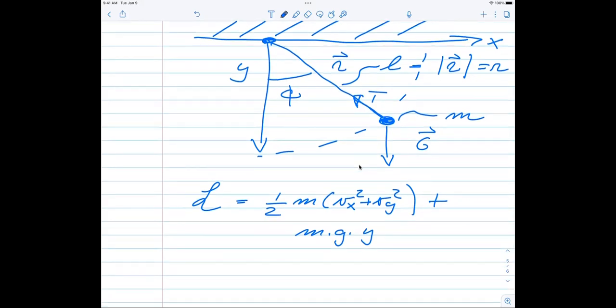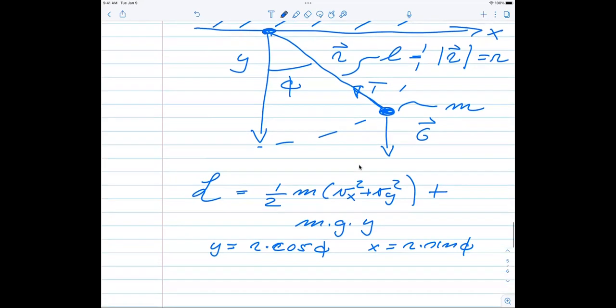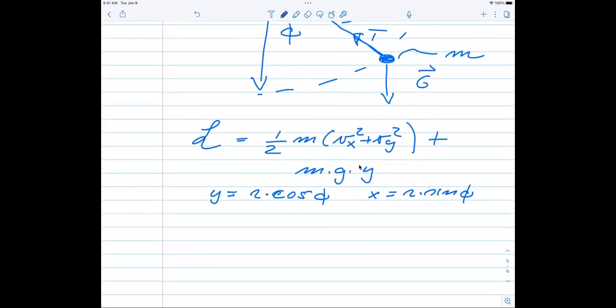So the next thing we can do now is to transform to polar coordinates, because this is going to be more handy. So in our case, y is going to be given by r times cosine phi, and x is going to be given by r times sine phi. So that means that the potential energy is now going to change, because I can replace y with r times cosine phi.